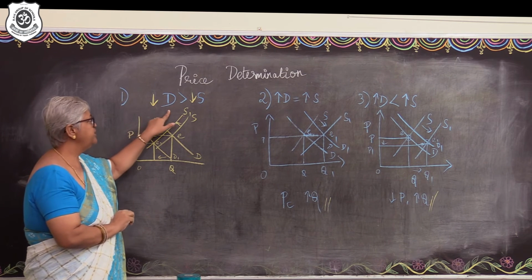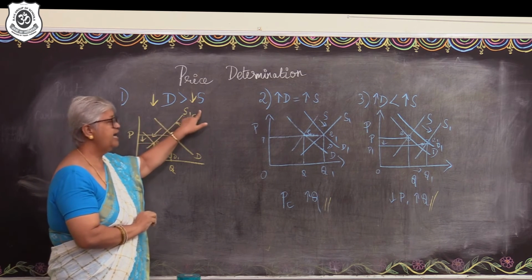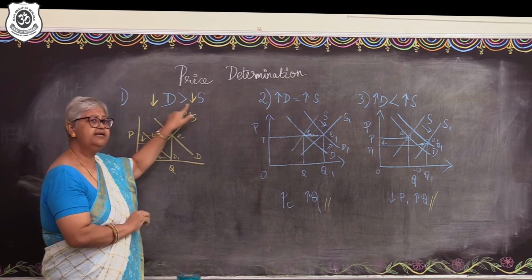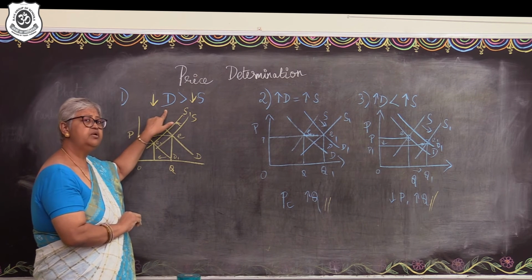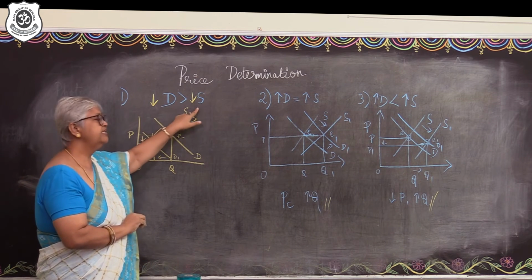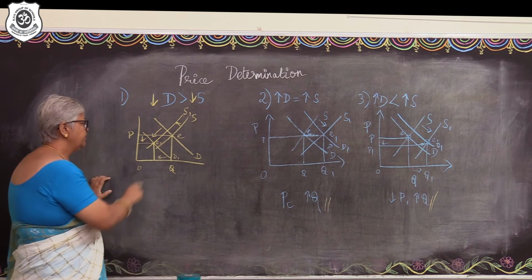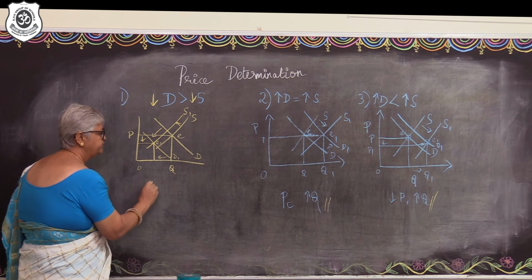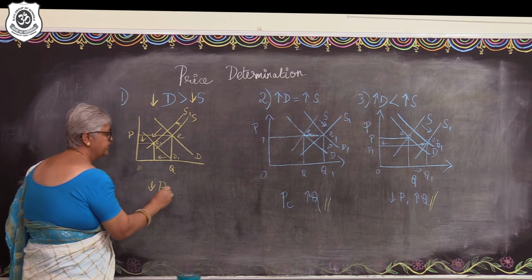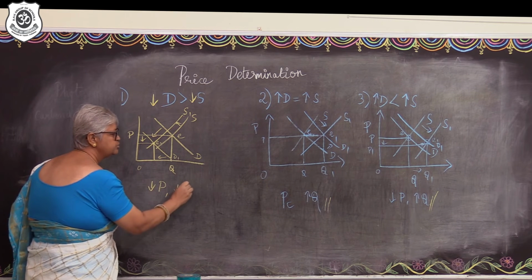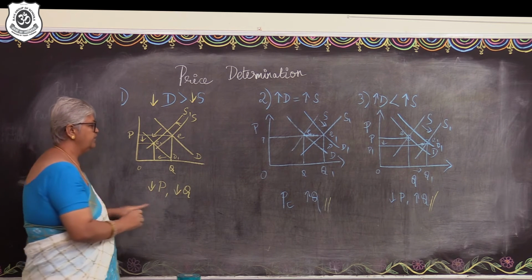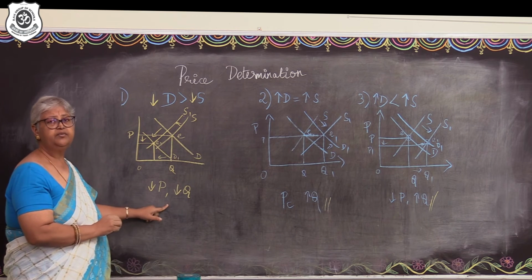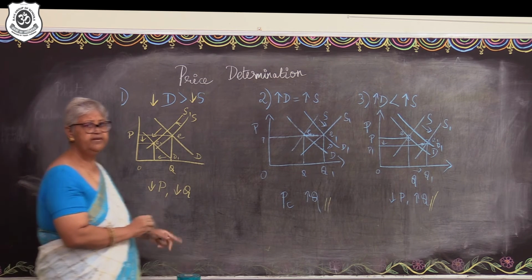Simultaneously, when there is going to be a fall in the demand and fall in the supply, and when the fall in the demand is going to be much greater than the fall in the supply, then the outcome in the market will be such that at a reduced price and at a reduced output, the market will be attaining the new equilibrium. Okay, right?